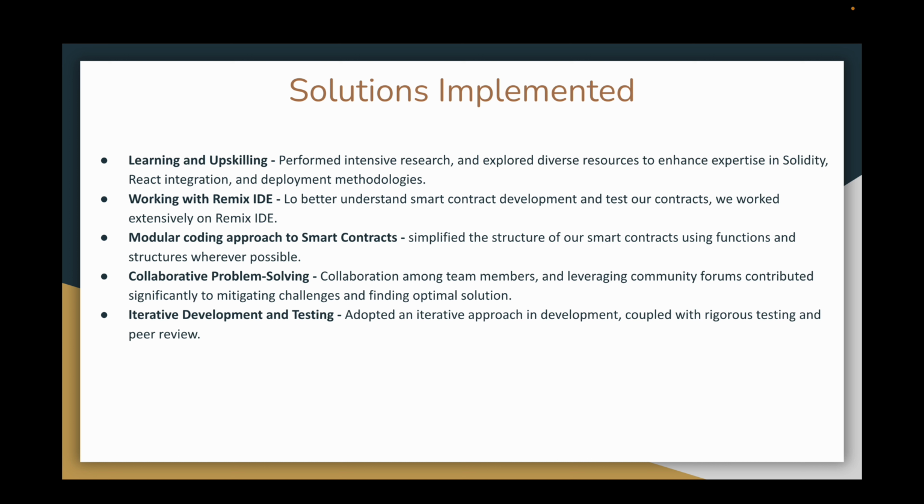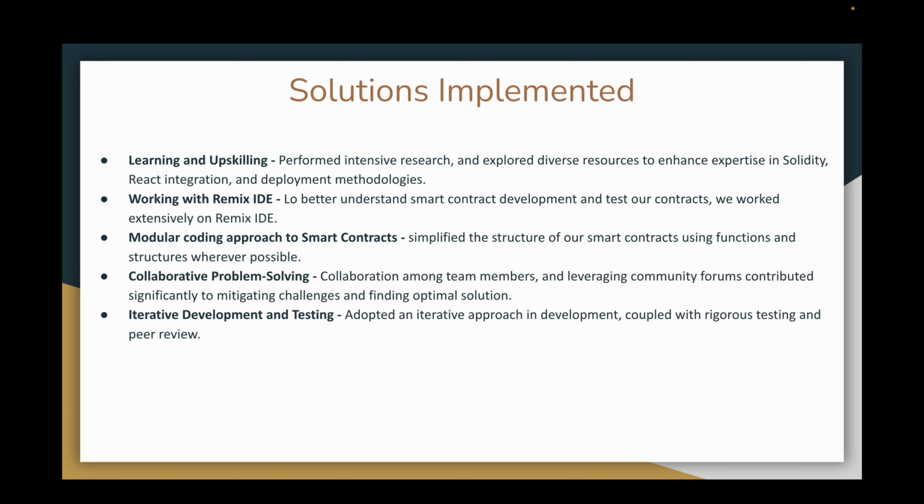To overcome those challenges, what we did first and foremost was intensive learning and upskilling. We went through a lot of documentation, a lot of resources to understand how we would be able to build such an application. Second, we worked with Remix IDE, which helped us better understand smart contract development and test our contracts. Then we worked with smart contracts in a modular fashion, simplifying our contracts by using functions and structures wherever possible.